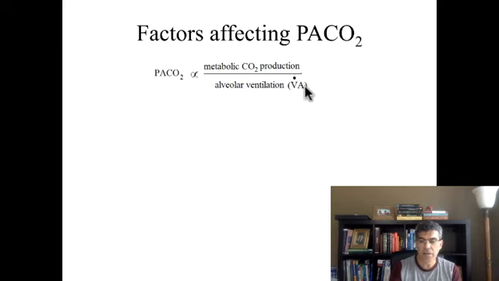The numerator goes up, the denominator goes up, therefore the PaCO2 is going to stay constant. You produce more CO2, you exhaust more CO2, therefore your PaCO2 is going to stay around 40.